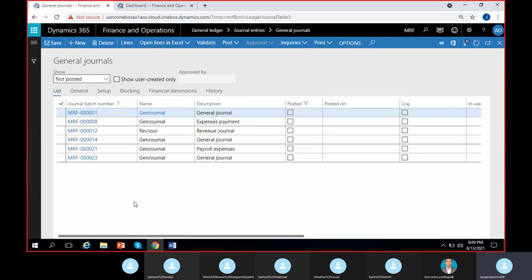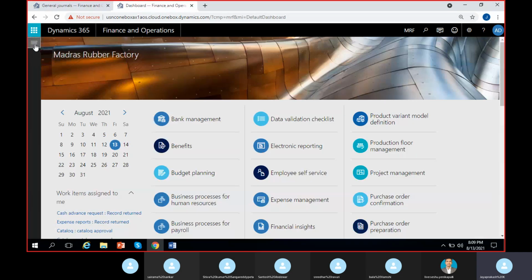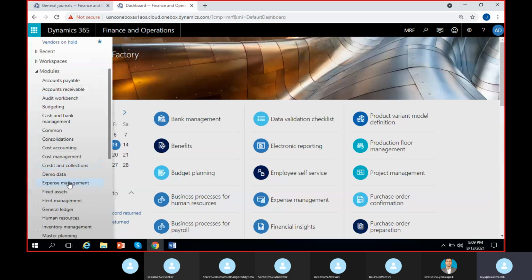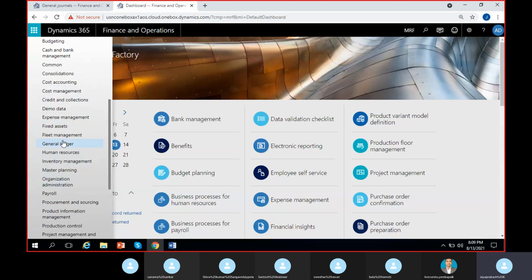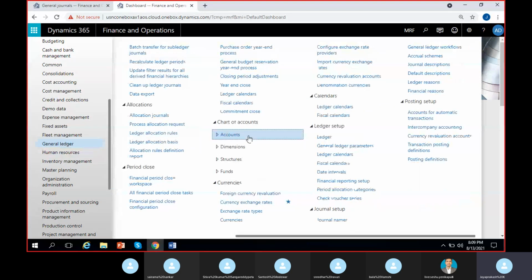So do we have advertisement expenses account in our company? Let me check if we have, or else I'll create one. Okay, I'll quickly create two new accounts for example purpose. Going to accounts, going to main accounts.